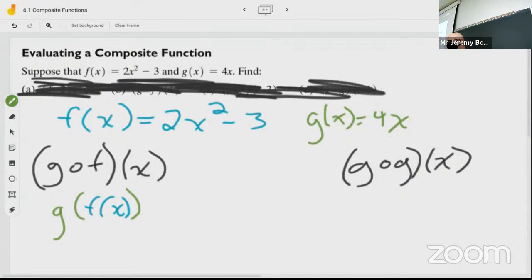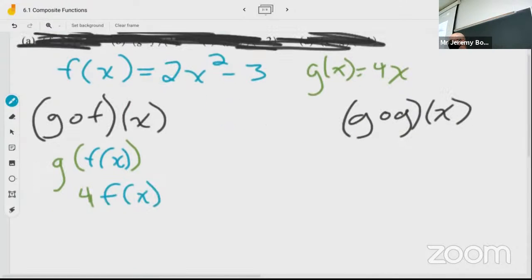So we're going to have 4 times f of x, which is going to end up being 4 times, and notice I grouped this in parentheses now, because it's 4 times this whole function.